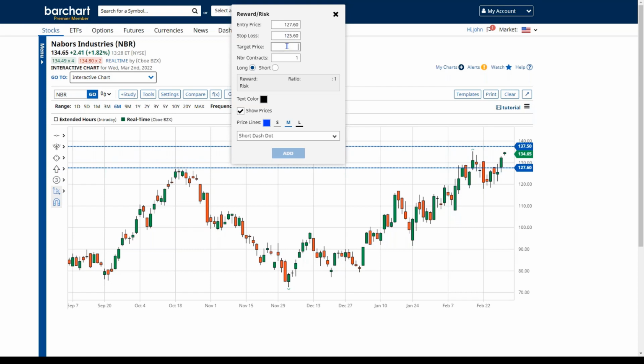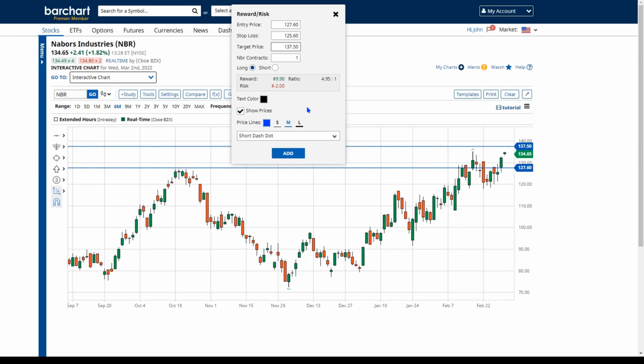And our target now is 137.50. And if I look at this trade, you can see that it does the calculations for me. So I'm risking $2 to make $9.90, or a risk-reward ratio of close to 5-to-1. That is definitely something I'd be interested in doing.